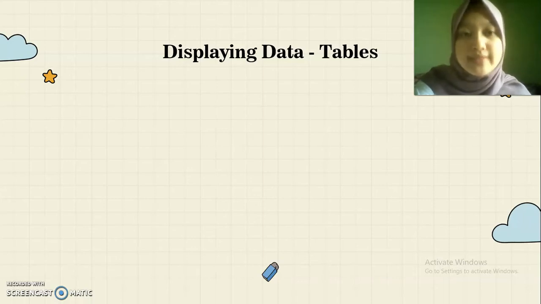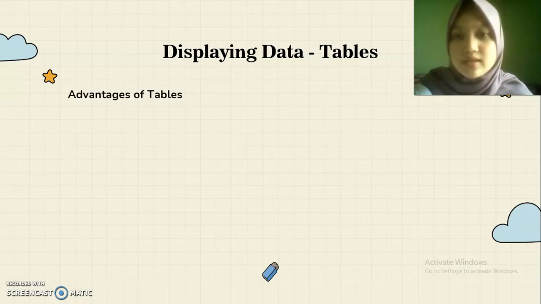The common one is tables. Tables are used to represent statistical data by placing them in rows and columns. And tables have advantages and disadvantages.